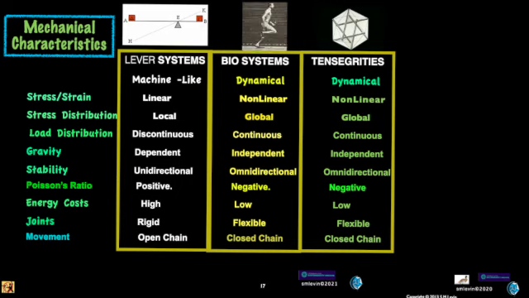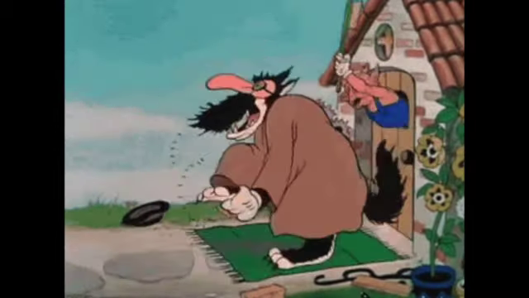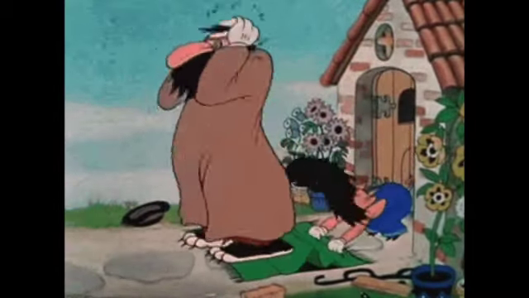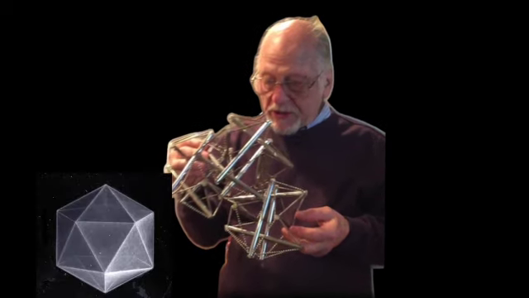There is an obvious mismatch between Borelli's lever system and biosystems, and a perfect match between biosystems and tensegrity systems. What looks like a duck, quacks like a duck, and walks like a duck is a duck. So we have pulled the rug out from what has been the conventional lever system and offered a solid floor upon which to stand.